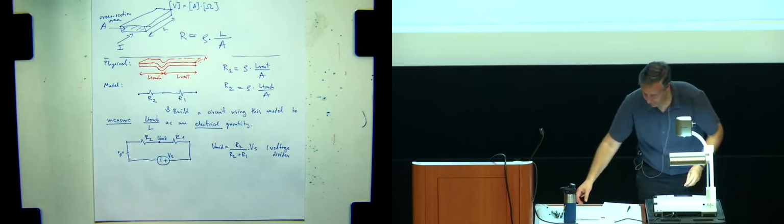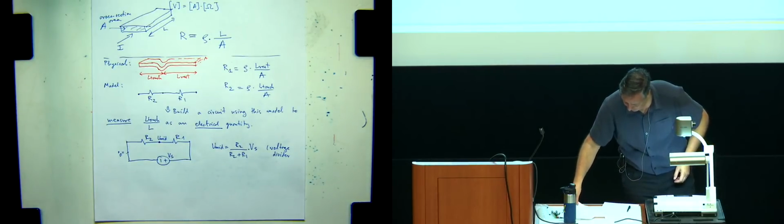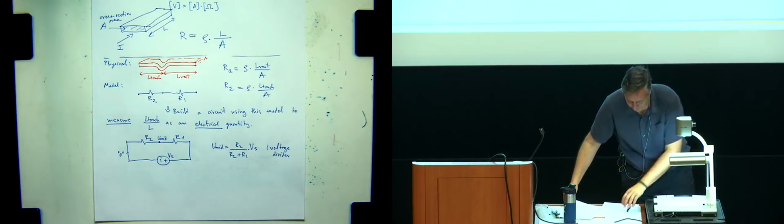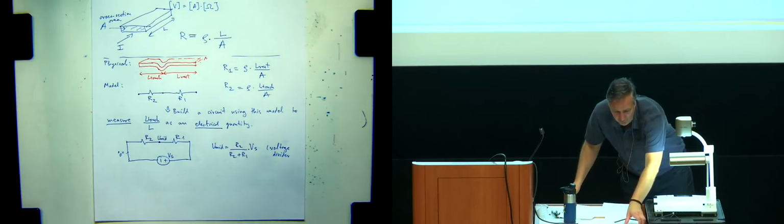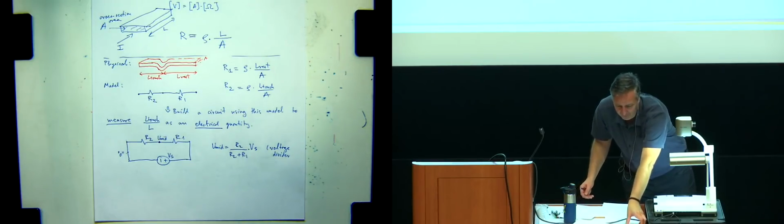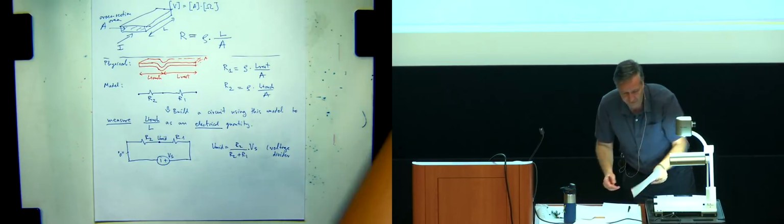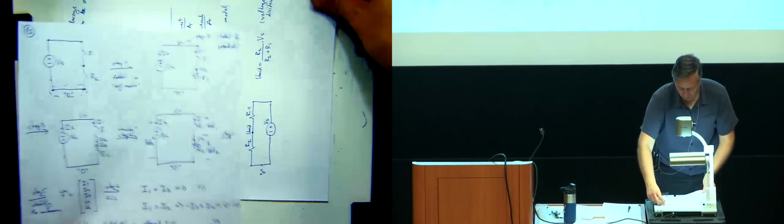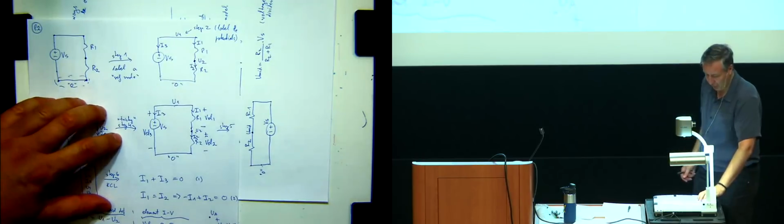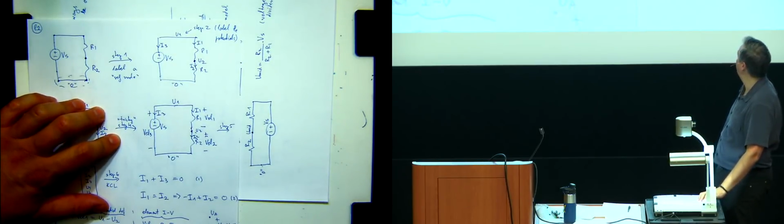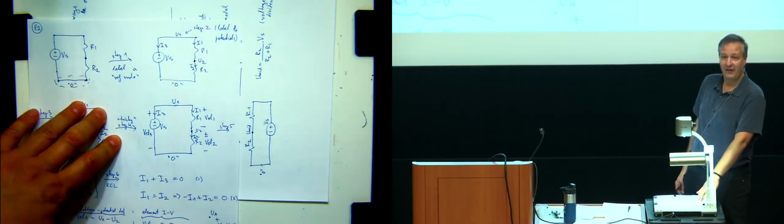Let me see if I can recall that circuit somehow. L2, 2. Aha. Here it is. Okay, so hopefully these two circuits look like a mirror image of one another, right?